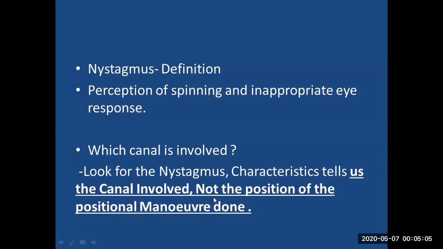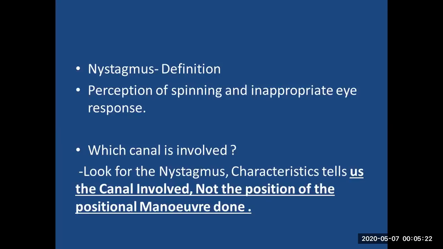To explain this part even better, if a particular semicircular canal is involved and the nystagmus is directed towards that side as it is done for a particular test, then that particular semicircular canal is involved.